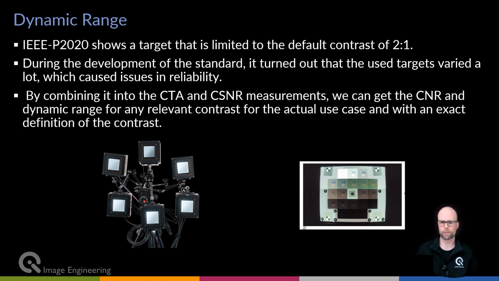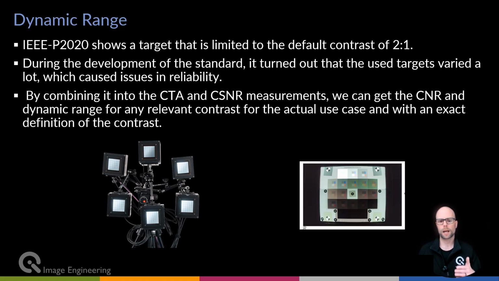There were single patches that did not have the contrast they were supposed to have, or there were some color issues. So that's why we checked how we can do it differently. With the data that we get for CTA and CSNR measurement, which I just talked about as contrast performance indicators, we can also calculate the CNR.